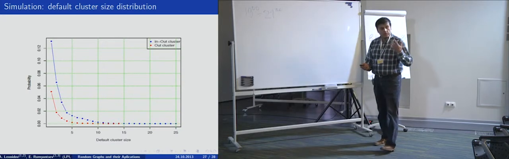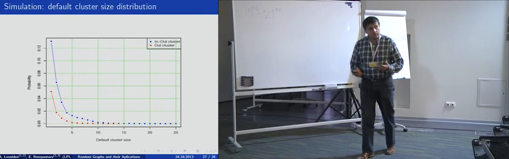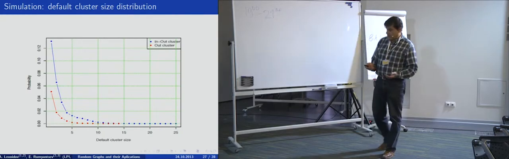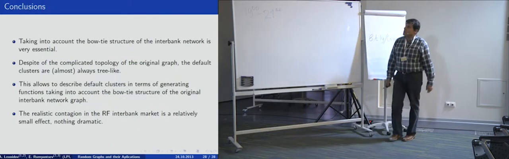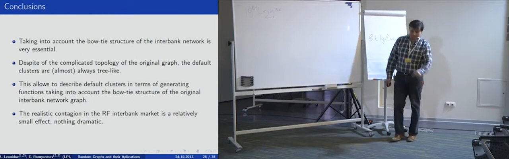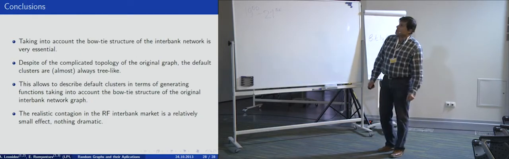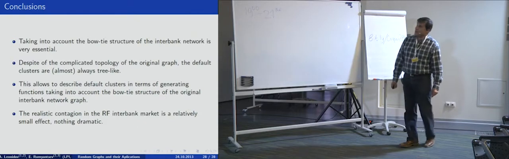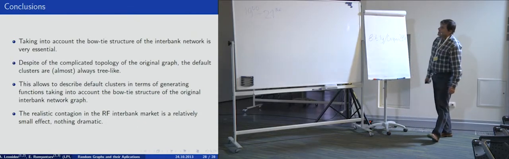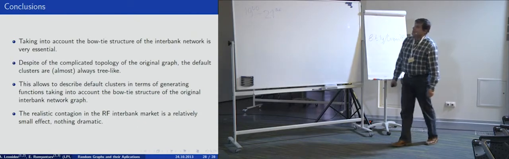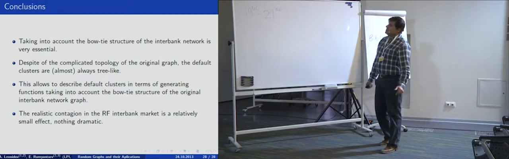If you want to be quantitative, I think two things are vital. First is the bow tie, and second is the dissociativity. And here are our conclusions, with Zhenya Rumyantsev. The bow tie is essential.